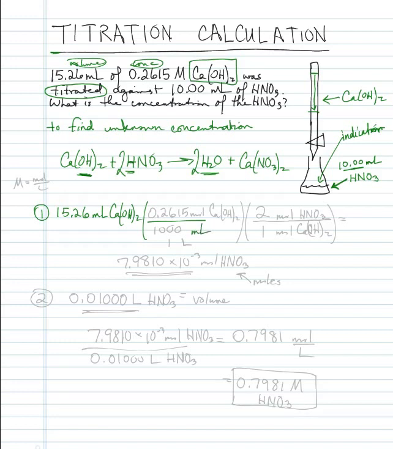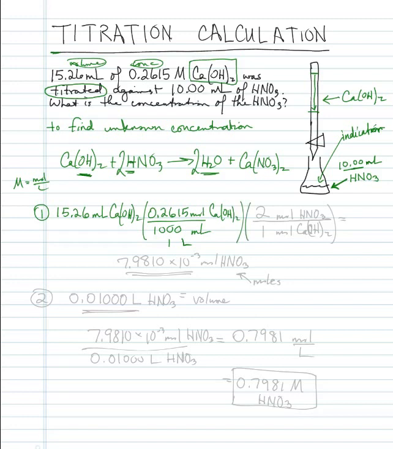Let's look at that molarity. Molarity is moles per liter, right? Well, what is 1 liter? 1 liter is the same as 1,000 milliliters. So instead of writing 1 liter on the bottom, I'm going to change that to milliliters, just so that my milliliters can cancel. And I know that in 1,000 milliliters, which is 1 liter, I have 0.2615 moles of calcium hydroxide.